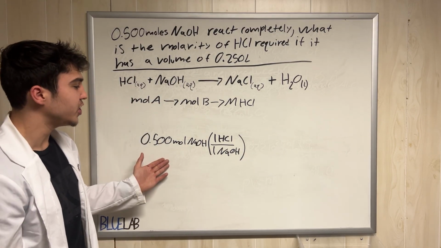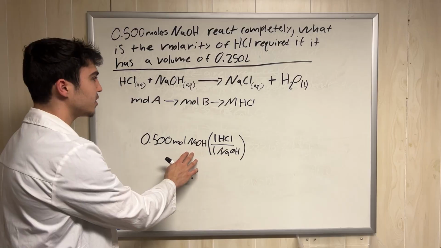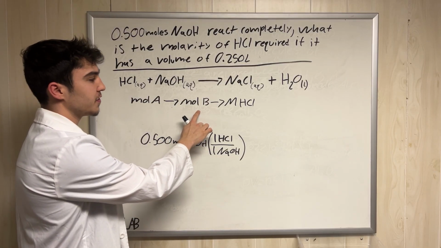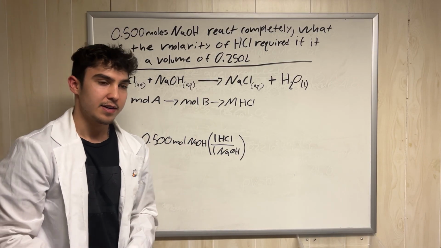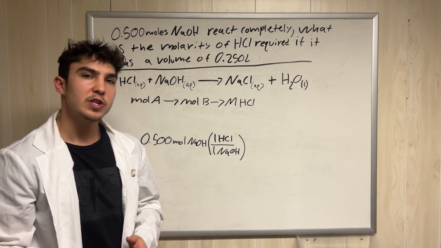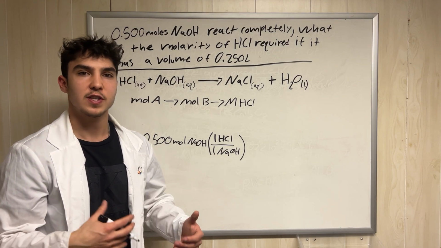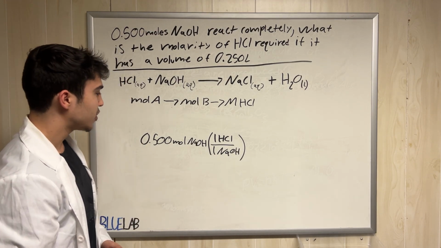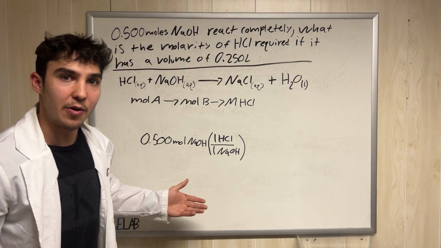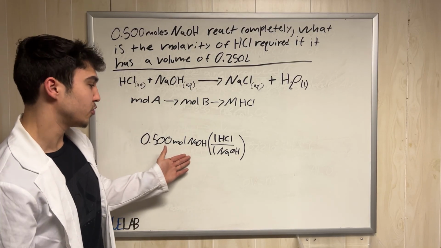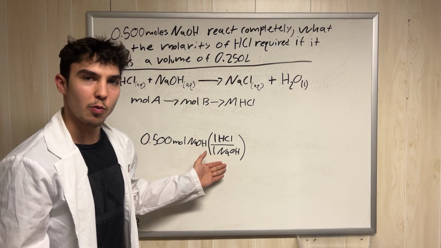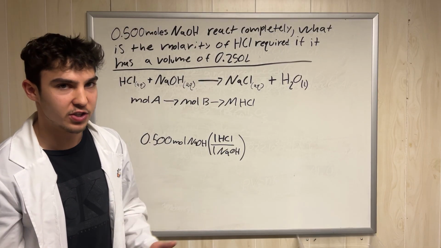Now, using this equation, we've successfully converted from moles of NaOH, our moles of A, to our moles of B, our HCl. Now, let's not try and fit this all into one problem, just for sake of conceptual reasoning. So let's first solve this. Well, it seems pretty easy. 0.500 moles of NaOH times 1 over 1 is just 0.500 moles of HCl.